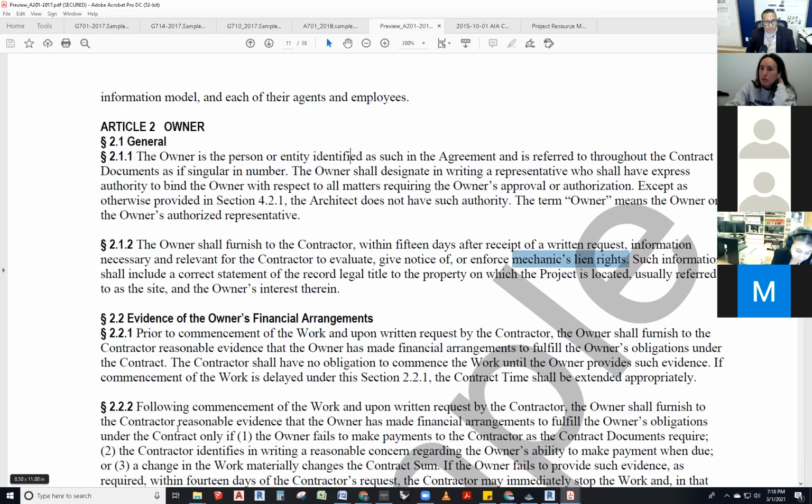Rosanna? So a mechanics lien is if the subcontractors or the architect is not paid for the services, then they can put a mechanics lien, which means they can have a portion in the building, or if the owner cannot pay, he has to sell the building and then pay off those people.